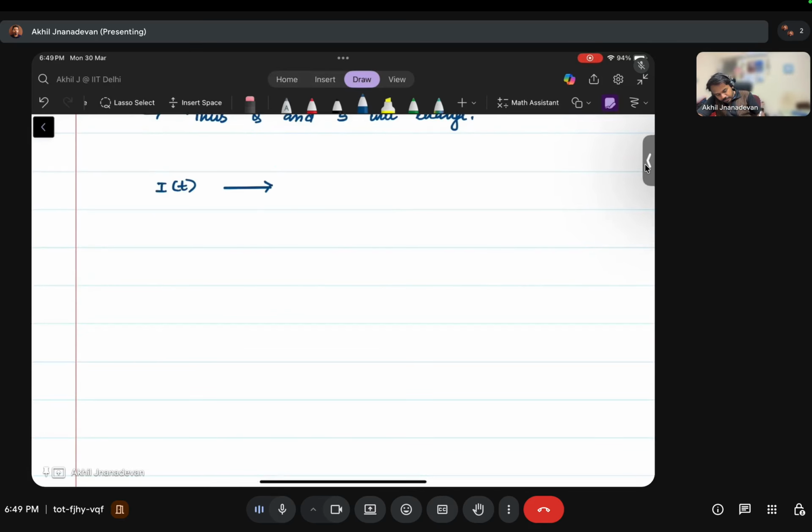We have our system. Now it is not a catchment, it is a reservoir system. And within this reservoir system, we know Q is a function of H, and S is also a function of H.